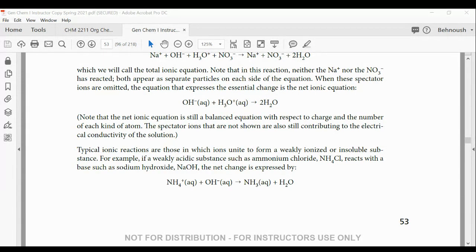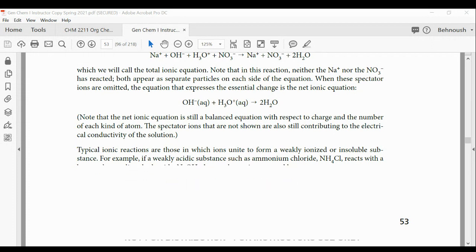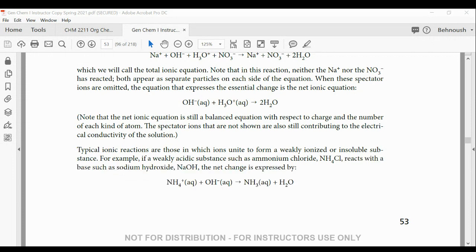And the last category would be soluble ionic compounds. So NaCl is a compound that is ionic. When you add it to water, it's going to generate lots of ions. It's going to give Na plus and Cl minus.